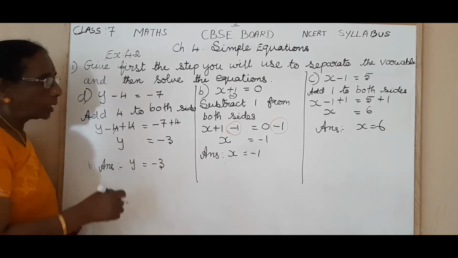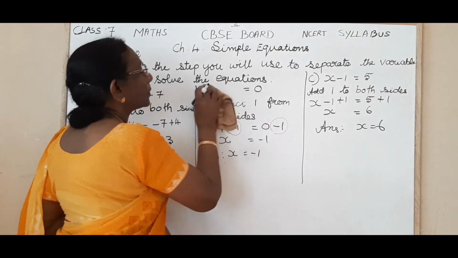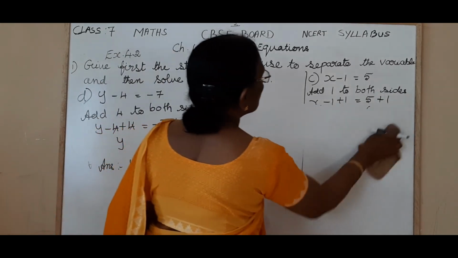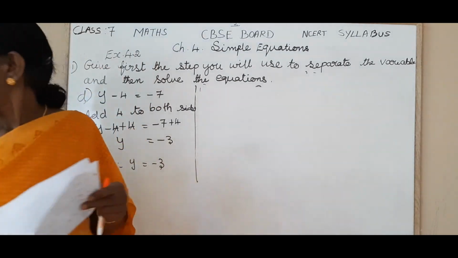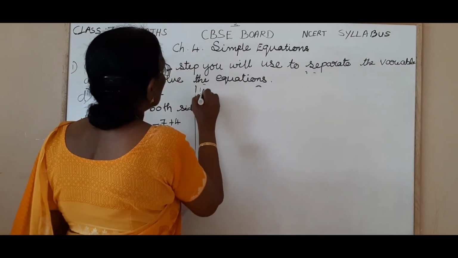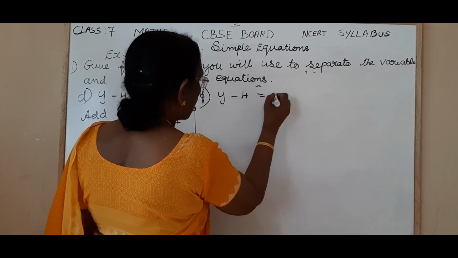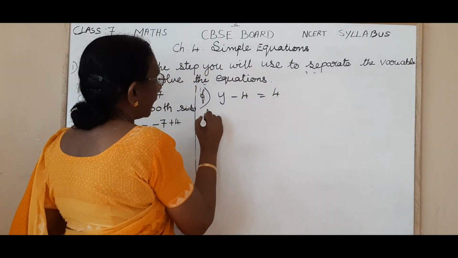Okay, children? Now, next sum. Y minus 4 is equal to 4. Again here minus. So you have to add.